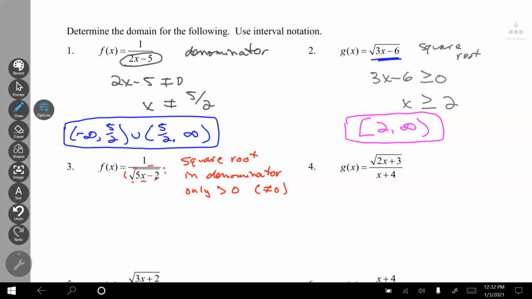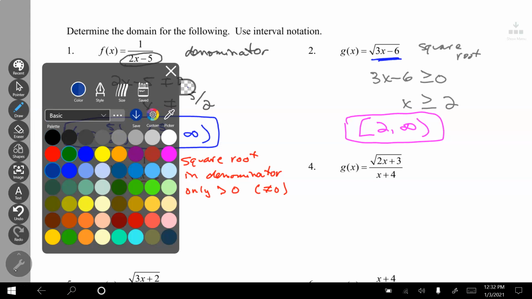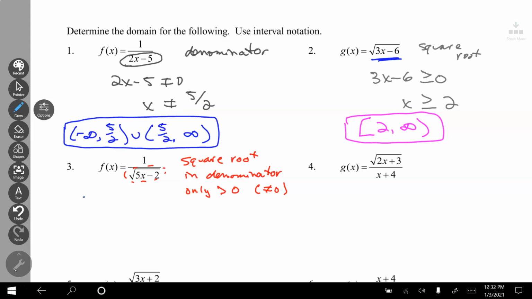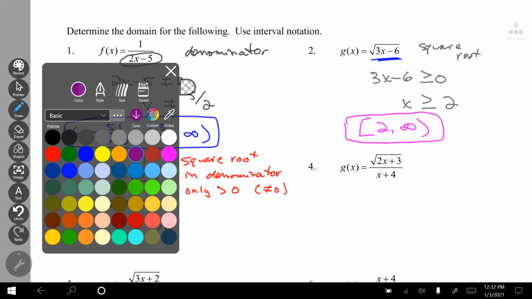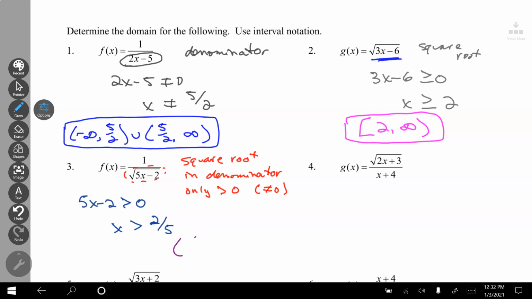I'm going to get rid of the equal 0 part. So I take my denominator of 5x minus 2 and make it just greater than 0. I'm going to add 2 and divide by 5. So I get x is greater than 2/5. And that means I do parentheses 2/5 to infinity. That is my domain.